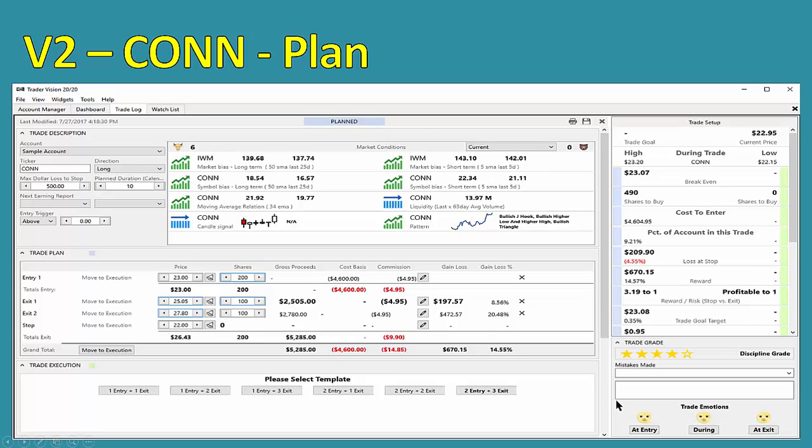And then when you go to the logging and performance piece, you'll be able to circle back and connect the loop of what do I do well, what do I not do well. And the idea is simple: do more of the things you do well and do fewer of the things you don't do well.